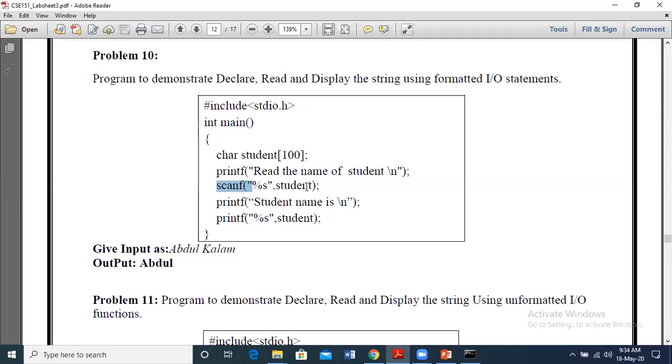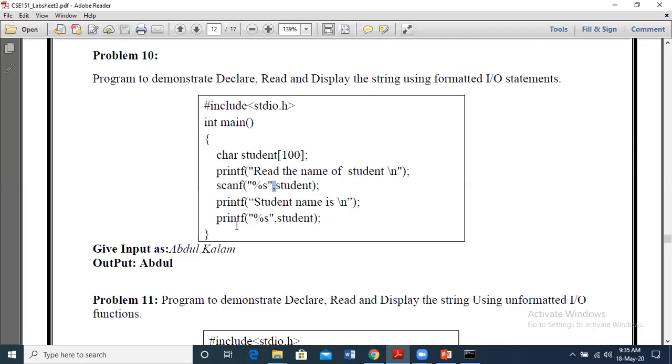Otherwise, if it was an integer, for example, if we have declared int a, while taking input, we give scanf percentage d ampersand a. That is for other types of variables like integer, float, etc. But for a string, we should not mention the ampersand. That is part of the syntax. The name of the string itself acts as a pointer or the address. So it will store the string in this particular name, that is student, which we have declared. So there is no need of ampersand, only for a string input.